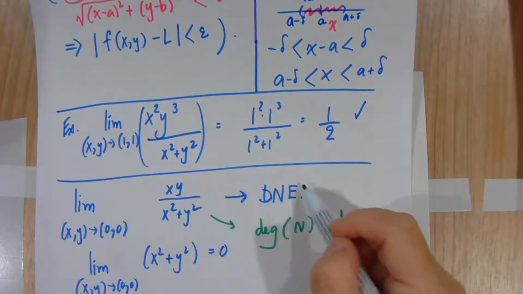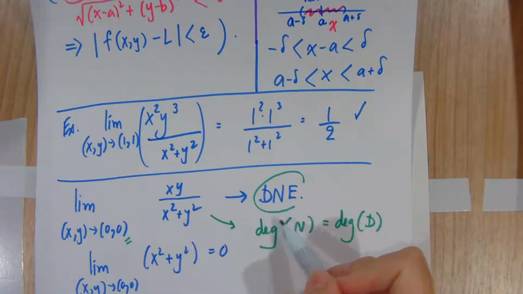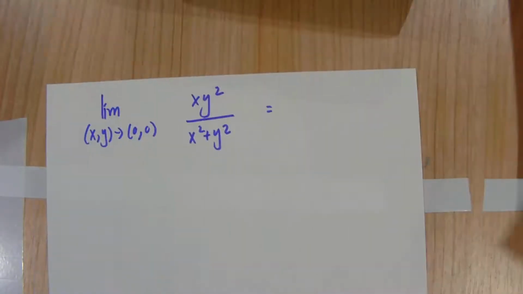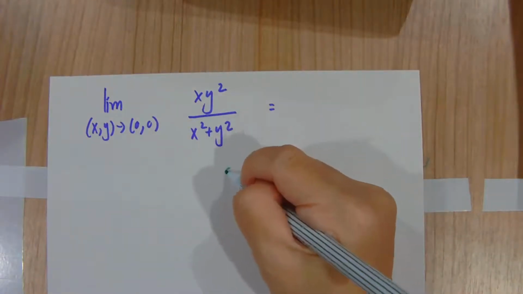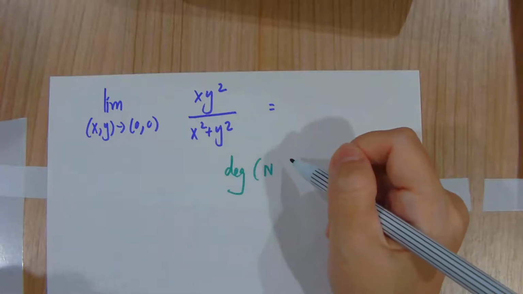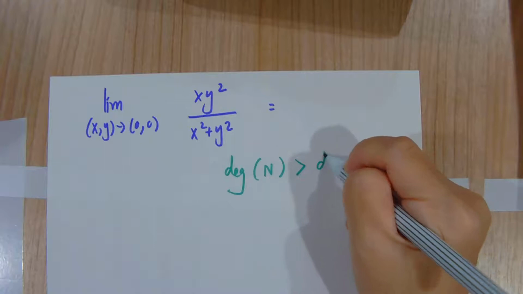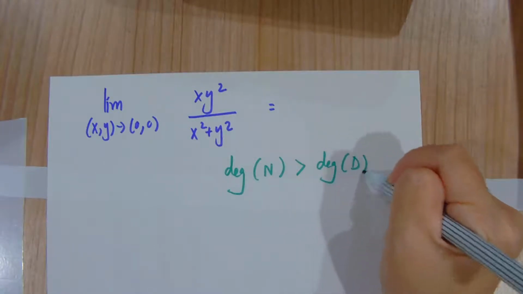Normally when we find the limit, in most cases the answer is that it doesn't exist. But here, the highest degree of the top term, the numerator, is 3, which is greater than the highest degree of the bottom term, the denominator.